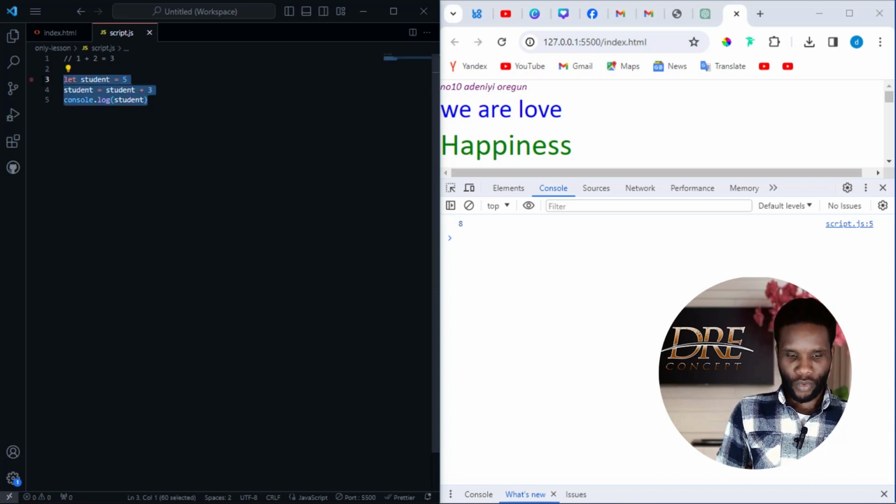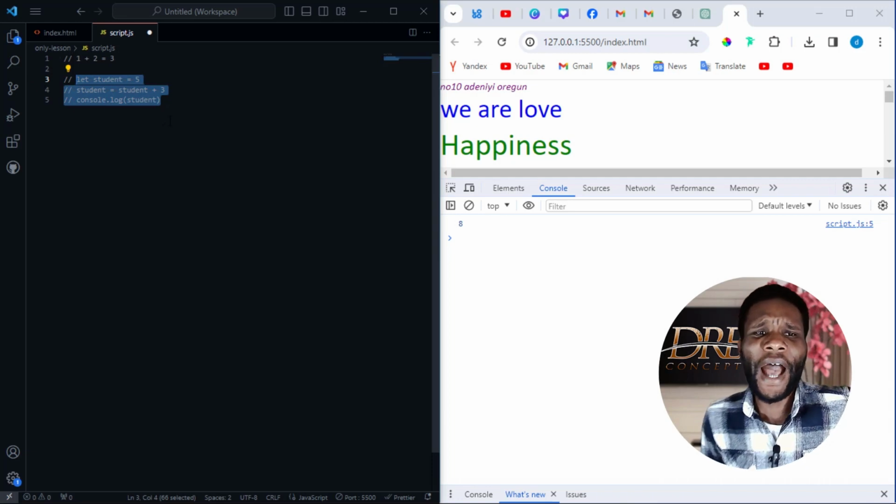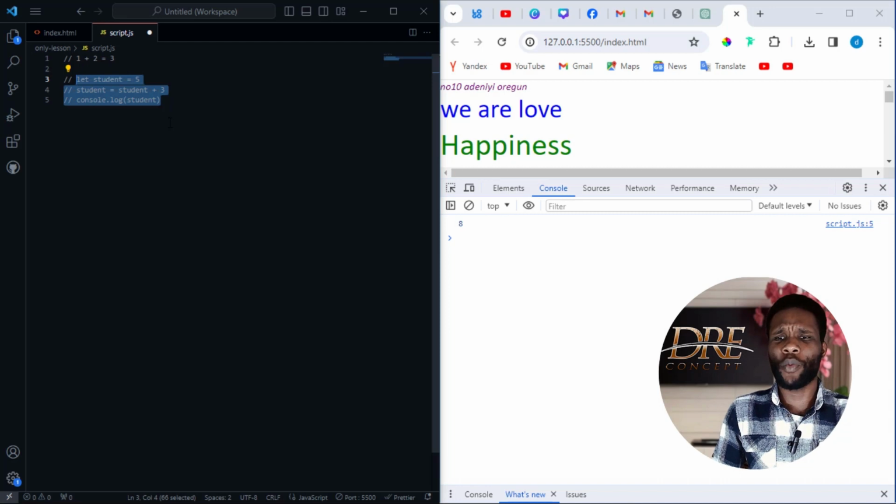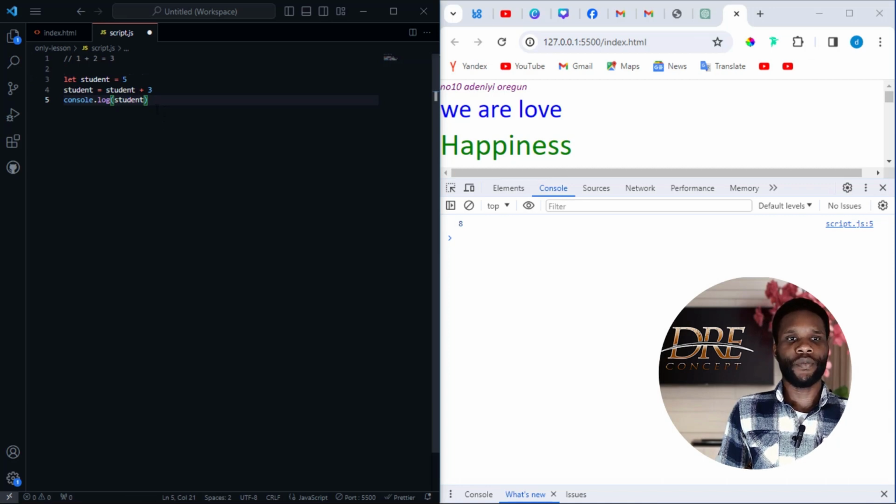Okay, so aside from that, we have so many arithmetic operators in JavaScript. The addition, as I did now, subtraction, multiplication, division, modulus, and exponent. So I'll still use this to explain the subtraction.